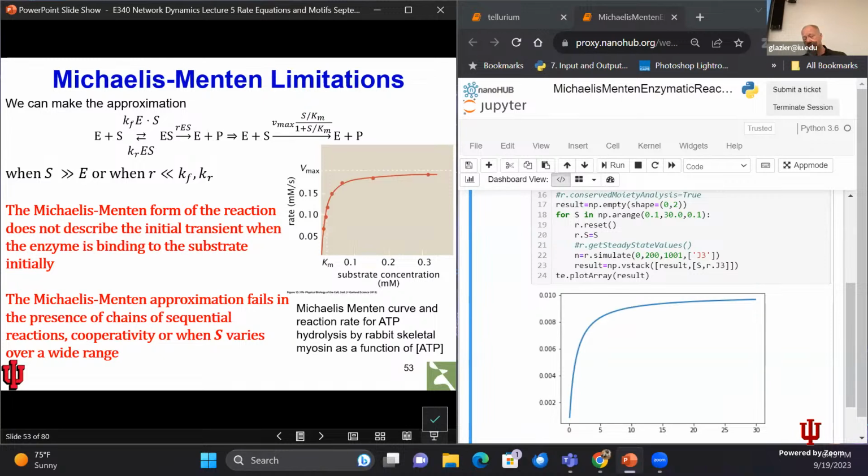It's an approximation when the formation of the complex is fast compared to the rate of degradation or production of product. And it's an approximation when the amount of enzyme is small, and that there's only one stage of reaction. But as this experiment shows, there are plenty of biological situations in which it works pretty well.